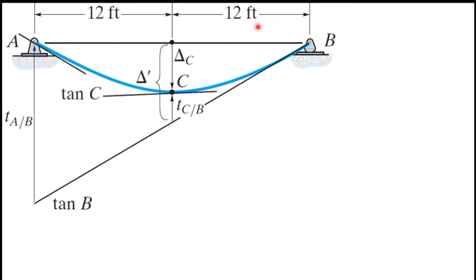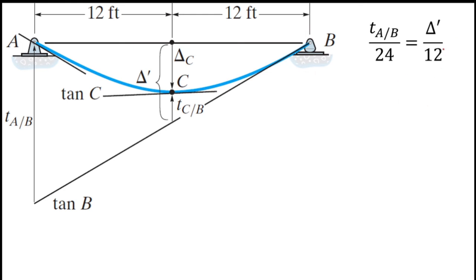TAB over 24 is equal to delta dash over 12 feet. So I will write it here. TAB over 24, TAB is this length, 24 is this overall length of AB, 12 plus 12, equals delta dash, this length, over 12, 12 is this length, right?